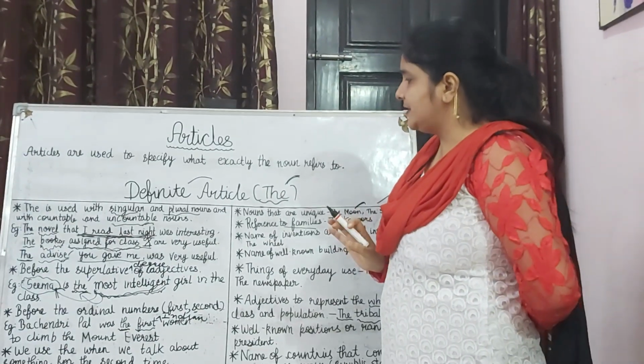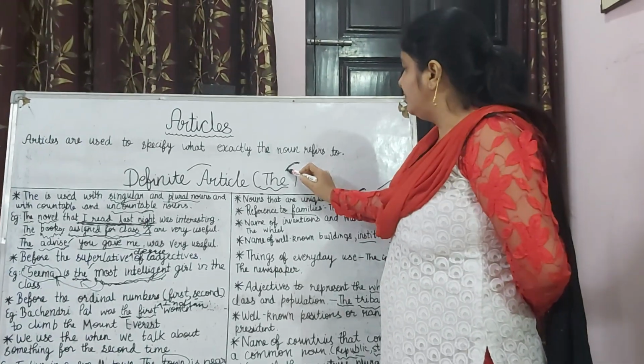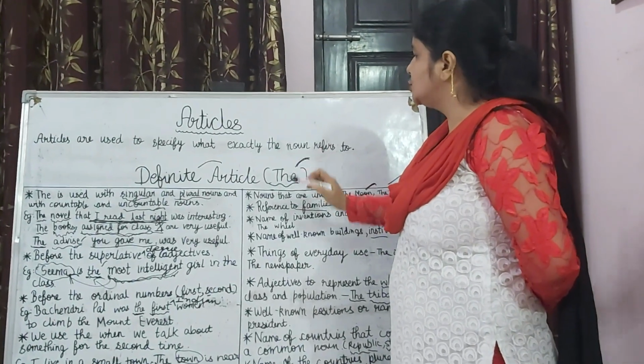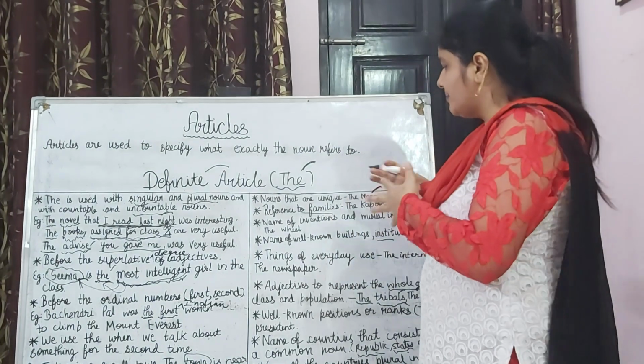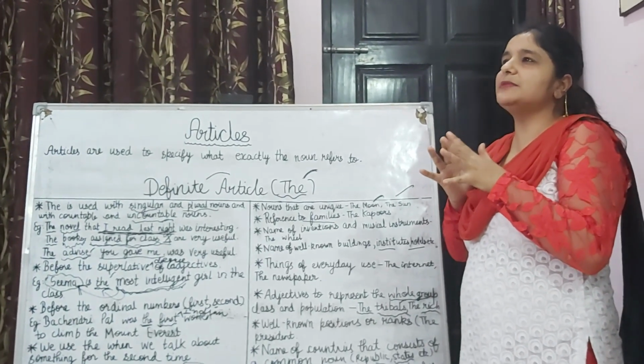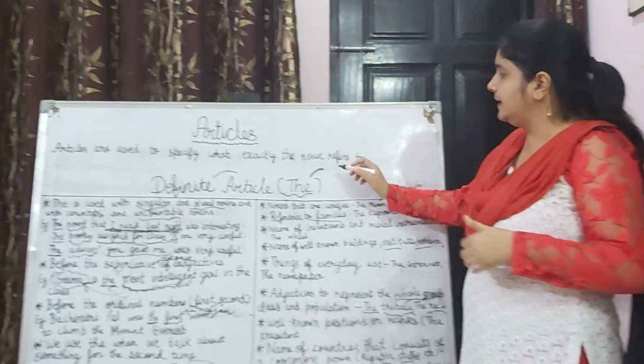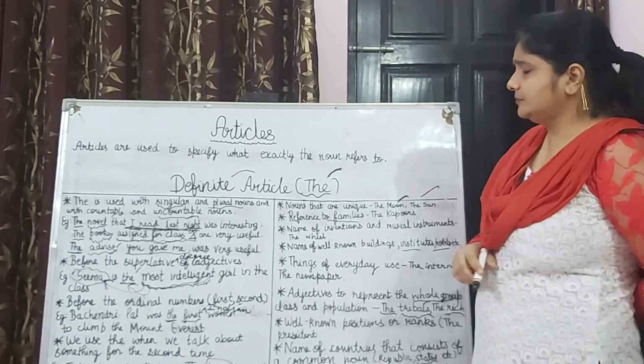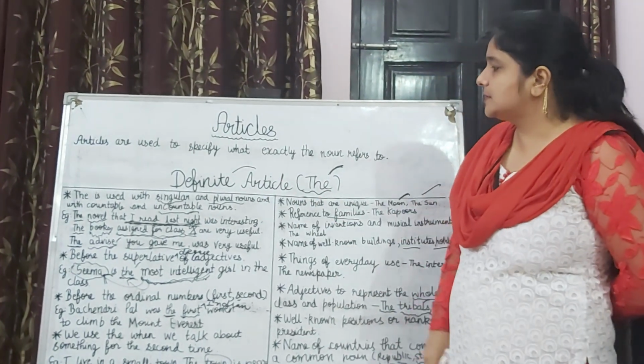But always remember one thing, that "the" is used when we talk about these things in a particular sense, in a specific sense, not in a general sense. So I hope this is clear to you.